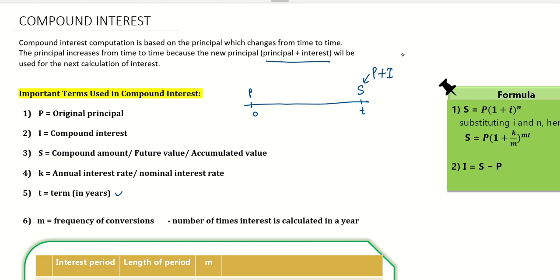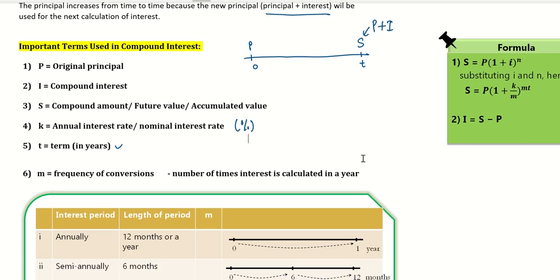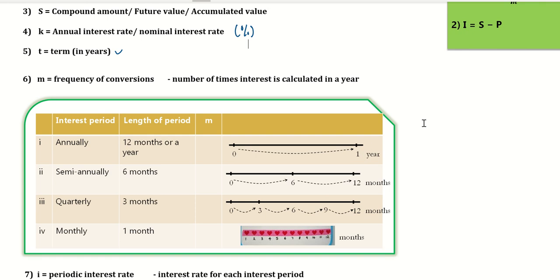Next, number 4, K. K is the annual interest rate or nominal interest rate, meaning the interest rate in a year. So K must be in percent. Number 5 is T, term in years. Just like simple interest, if the question is given in months, you have to divide by 12, the number of months divided by 12.